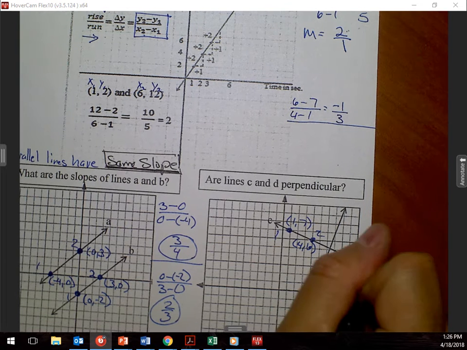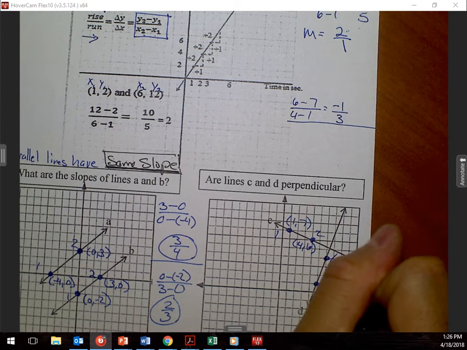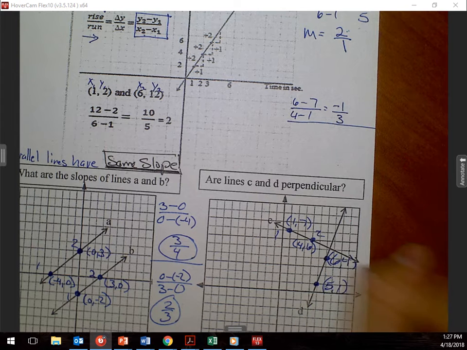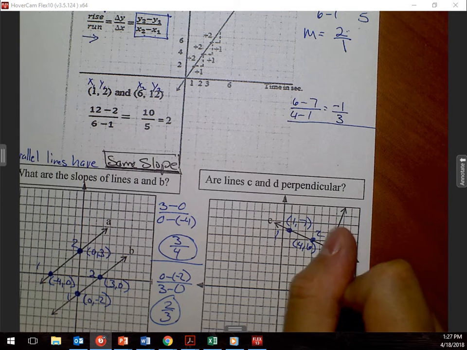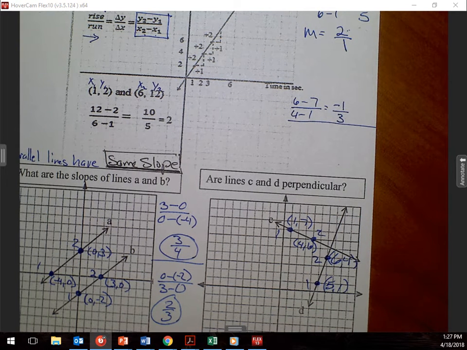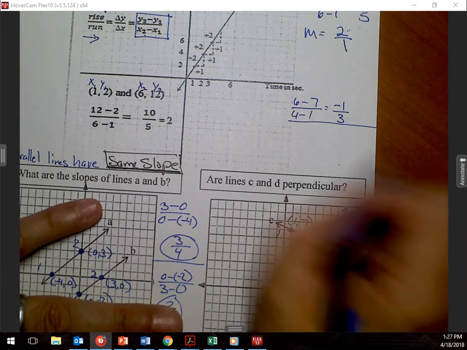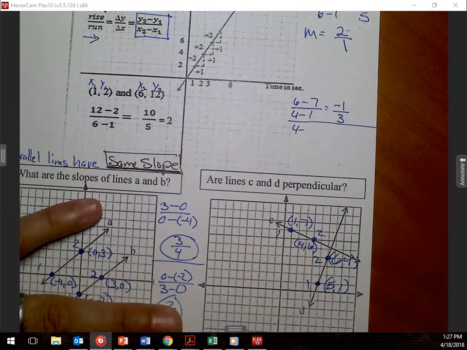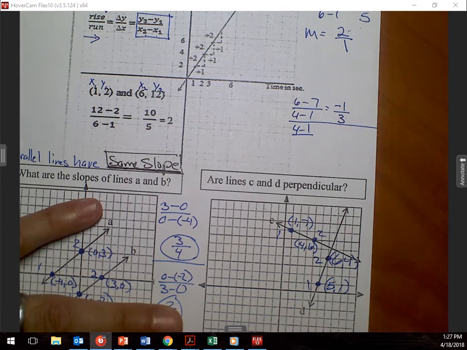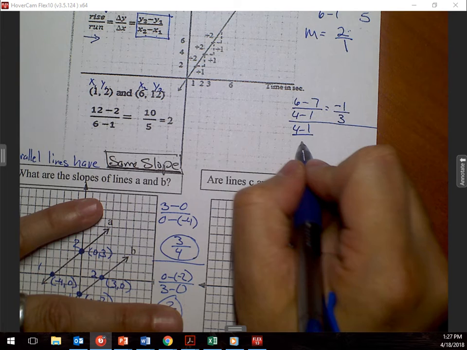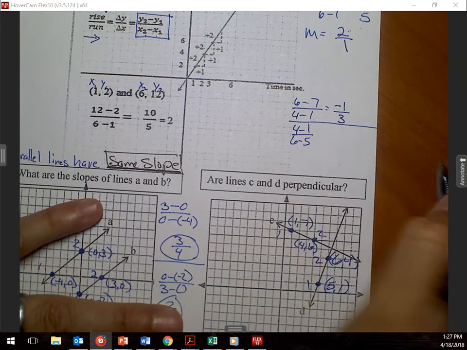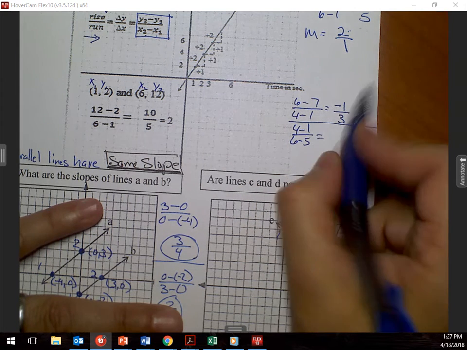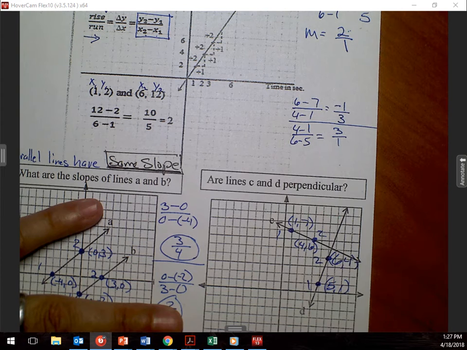That's a good one. So this is going to be point 1. That's going to be point 2. Okay, so now what is y from the second point? 4 minus 1, over. 6 minus 5. Very good. 6 minus 5, which is going to give me 3 over 1, right? Okay.